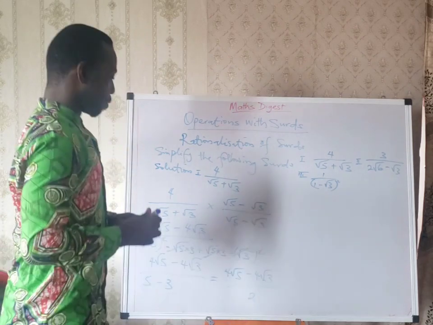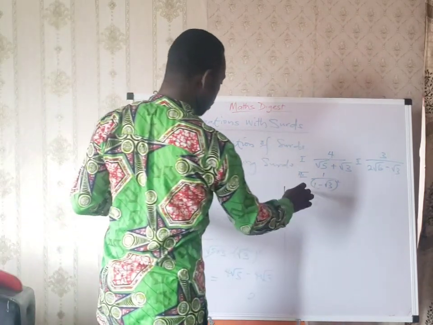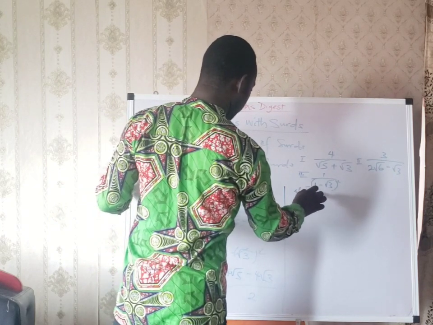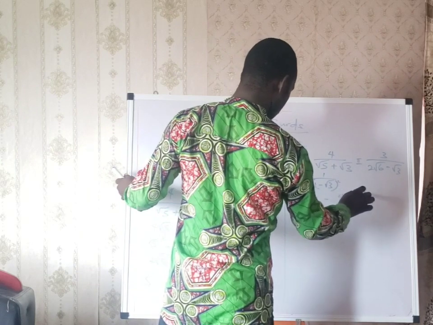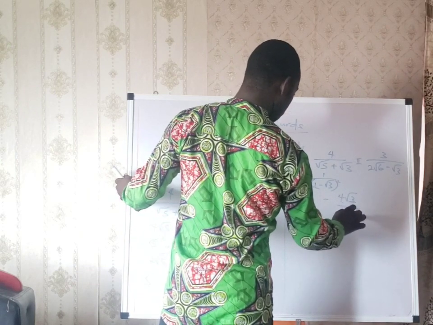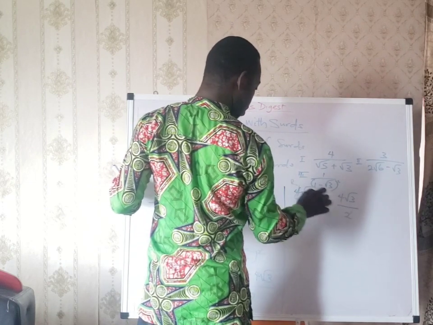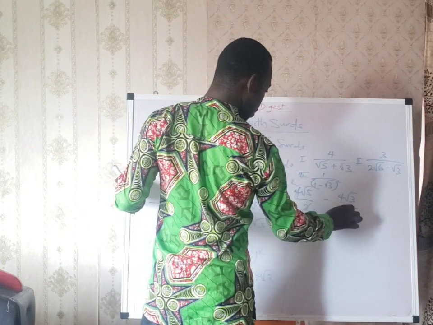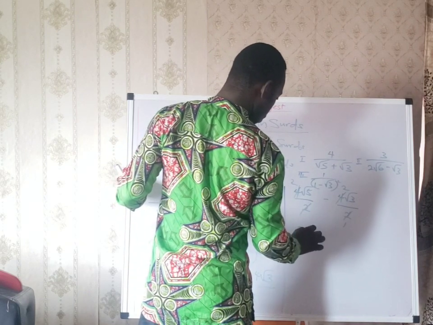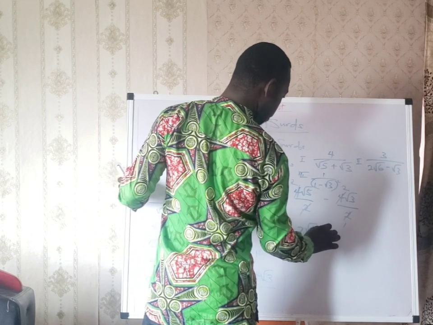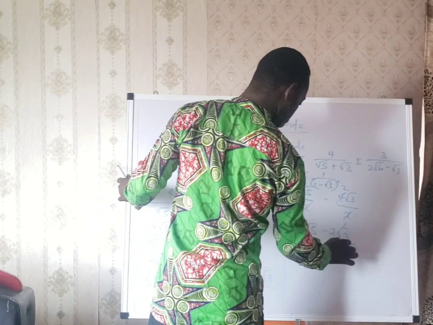Now if you look at this, take it one by one. Probably you say 4 root 5 over 2, minus 4 root 3 over 2. That way you can cancel this 2, you cancel here 2. So you can have 2 root 5 minus 2 root 3.